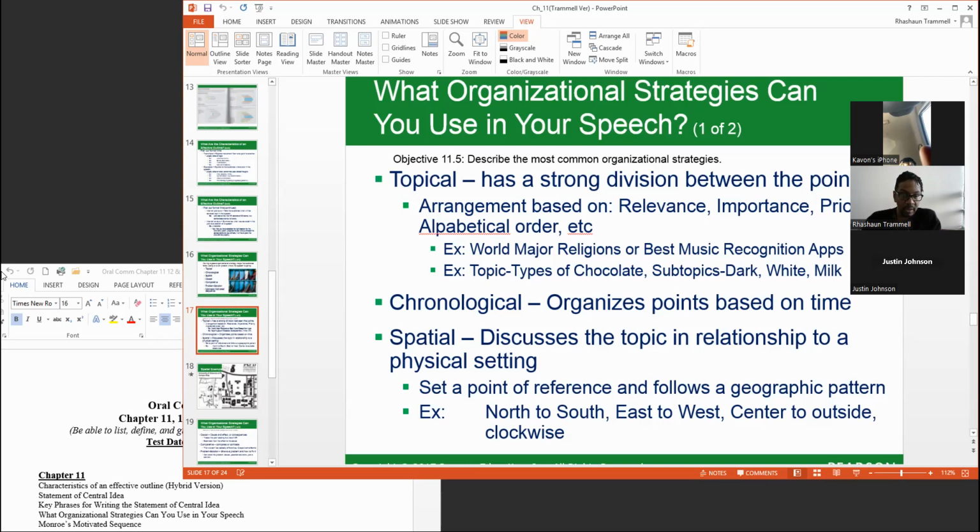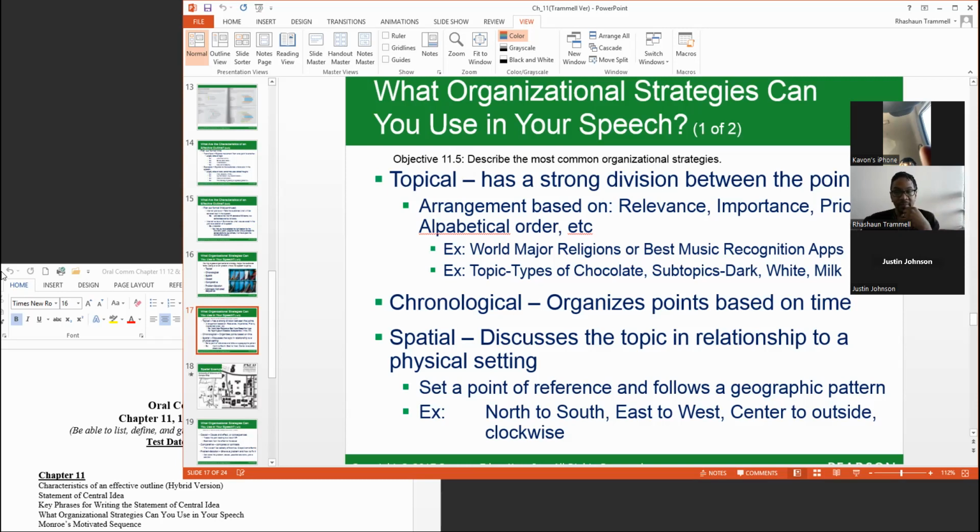So spatial, that goes with a geographic pattern. It goes left to right, up to down, clockwise, counterclockwise. So if you were going to describe somebody, you start from the top of their head, the hair, forehead, eyebrows, glasses, eyes, nose, facial hair, maybe lips, chin, or jaw.